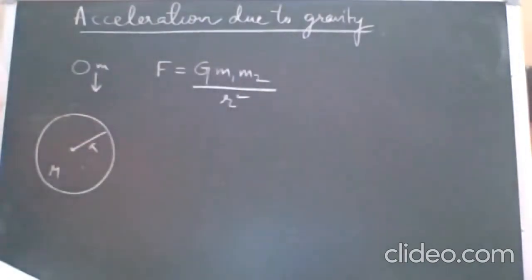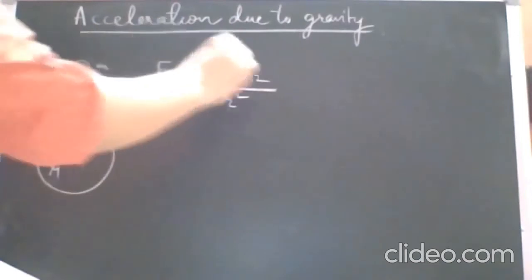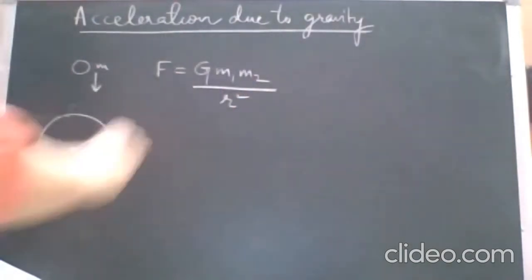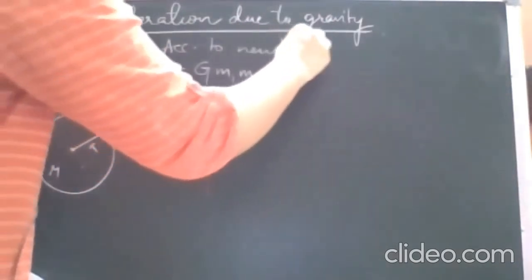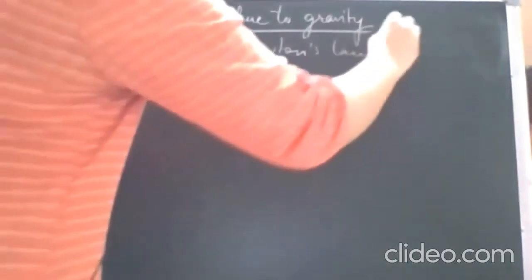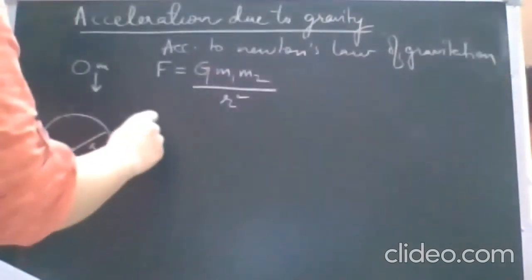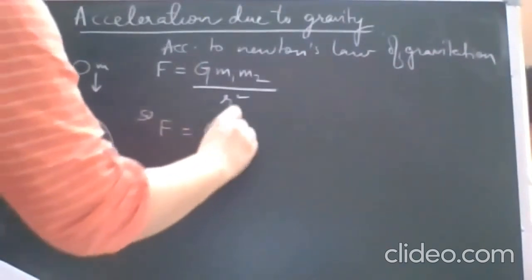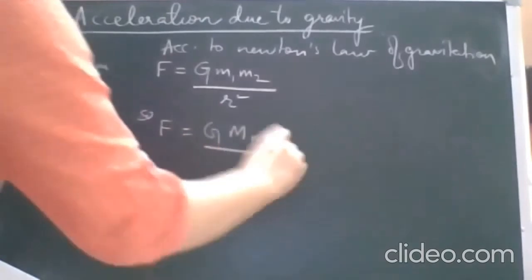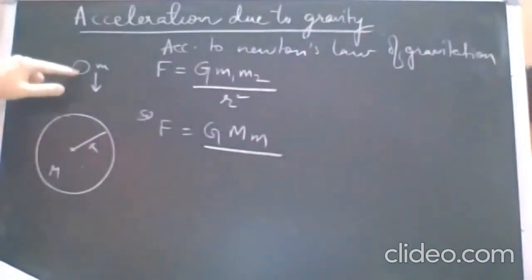Putting in the specific values, the two masses are capital M and small m.